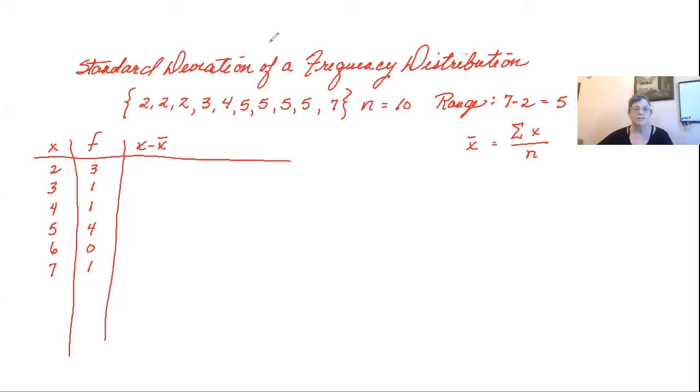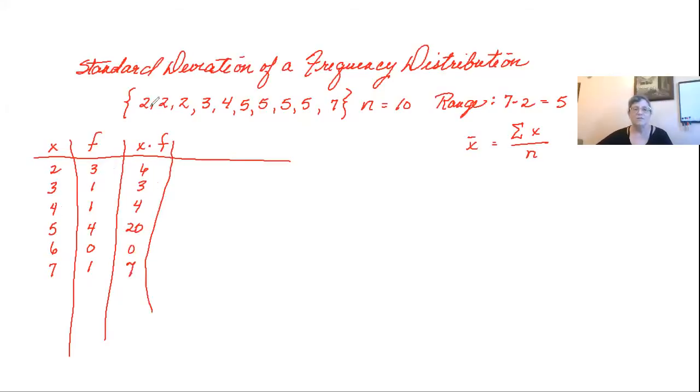So before I do this, let me take each of my x's, the 2 through 7, and multiply times that frequency. That way I'm getting the sum of the 2's and the sum of the 3's. So this product is 6, 3, 4, 20, 0, and 7.